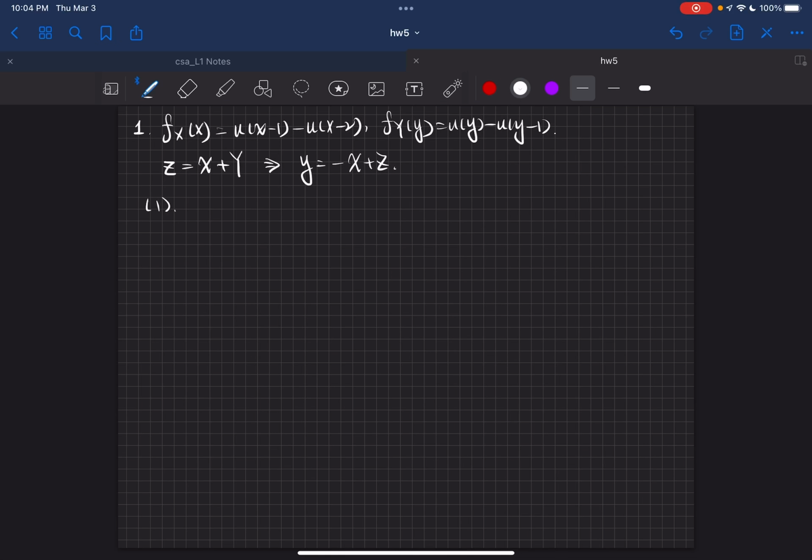And first we apply the convolution method, so we just apply the formula of convolution, and we plug in the equations of fx and fy. So we plug in the formula of fx and fy.